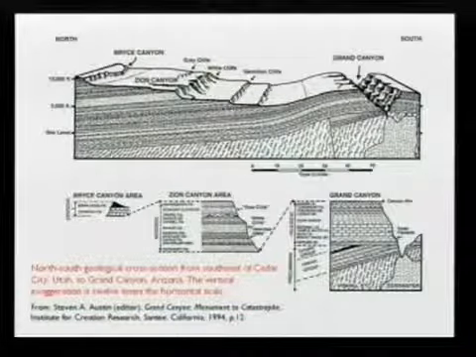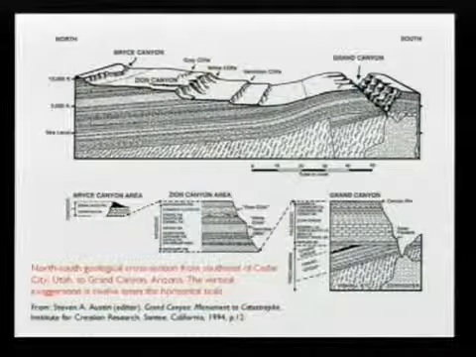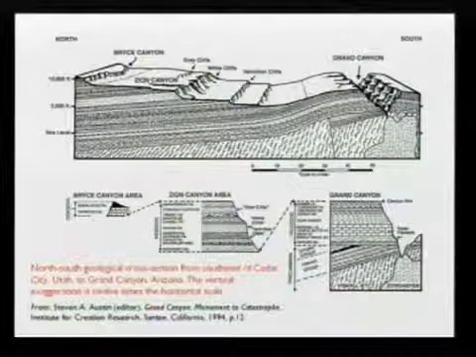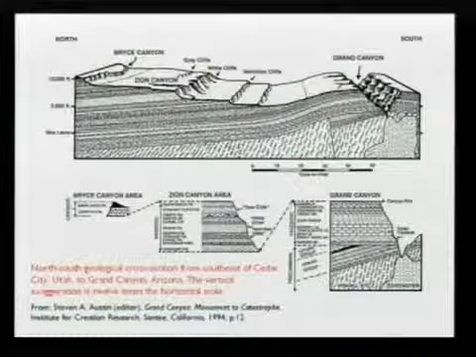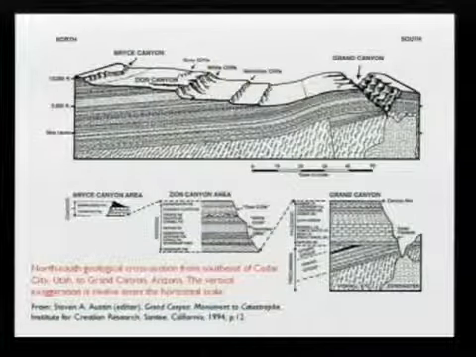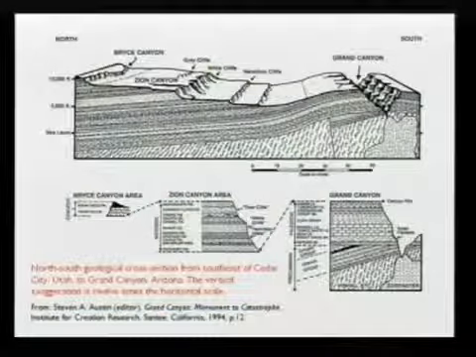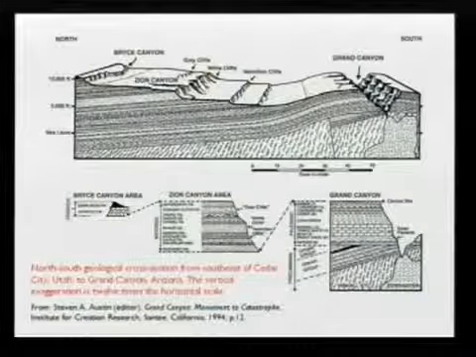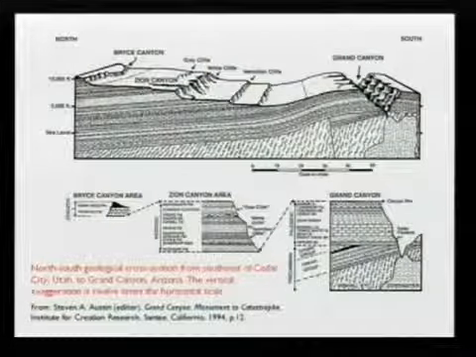It's become known as the Grand Staircase. And so you can climb up through these younger sediments. And of course, they're magnificently exposed in places like Zion Canyon and Bryce Canyon. But our focus tonight will be on the Paleozoic rocks exposed in Grand Canyon itself.